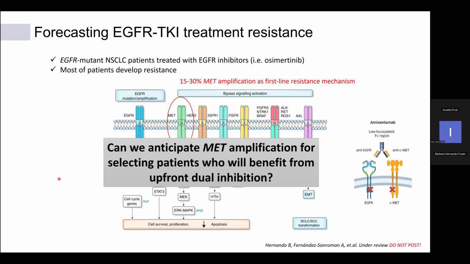So can we select those patients that are going to benefit from this upfront dual inhibition? And this is particularly interesting because this treatment is quite toxic. So we need a really good biomarker for selecting those patients that are actually going to benefit from this treatment.